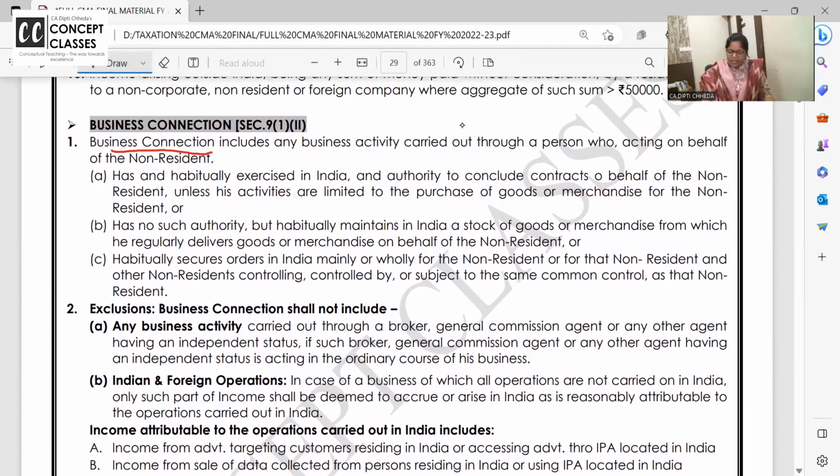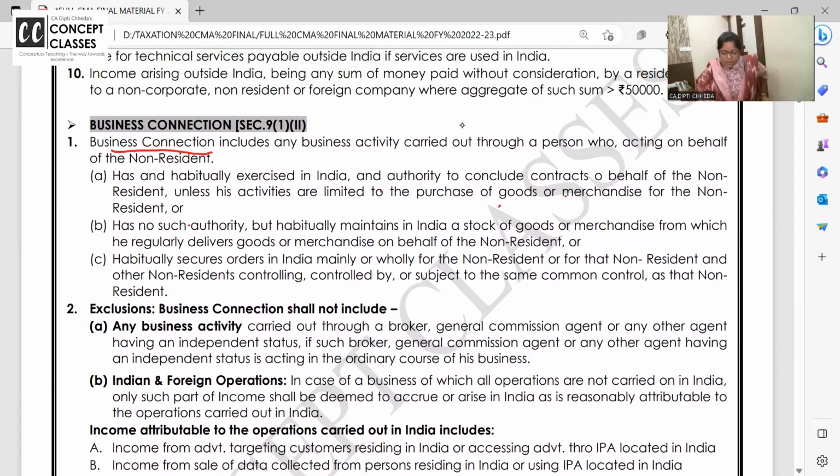It has habitually exercised in India an authority to conclude contracts on behalf of the non-resident, unless his activities are limited to purchase of goods. It is a little like legal language. So business connection is there when the non-resident is habitually exercising in India the authority to conclude the contract.